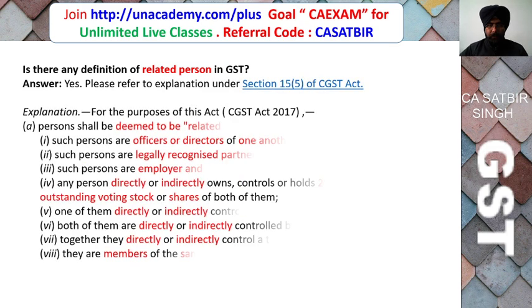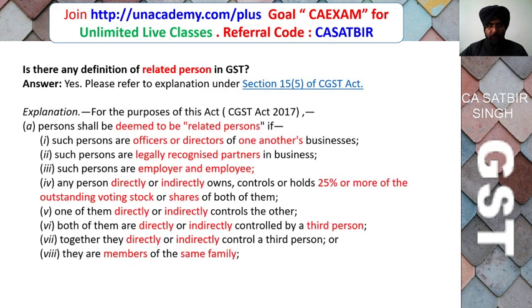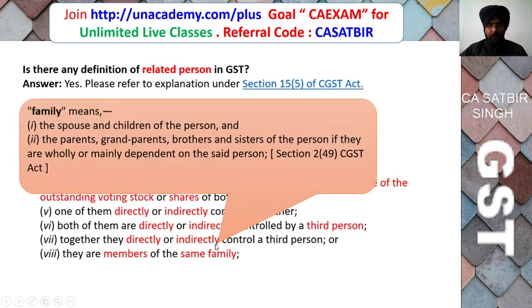So what is a related person? We have discussed it, but what is the meaning of the same family? Family means the spouse and the children of the person. It is not written that the children should be major or minor. So the spouse and the children of the person are family, as well as parents, grandparents, brothers, sisters of the person, if they are wholly or mainly dependent.